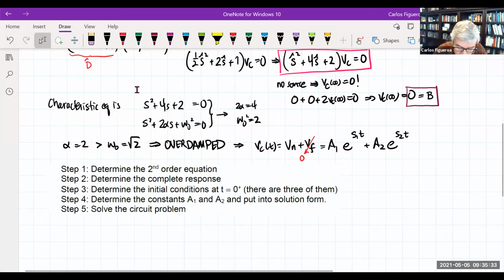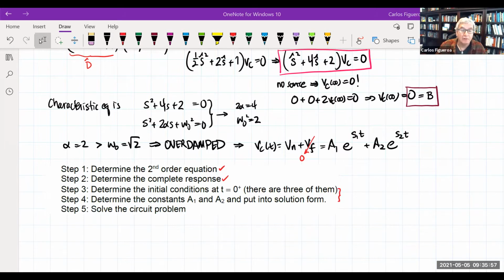We've now learned how to derive the second order equation. We've now gotten the general response. So now our job is to get the initial conditions and then determine the constants A1 and A2. You're going to see that this is really a one-step process, but I'm going to separate them just to be as clear as possible here.